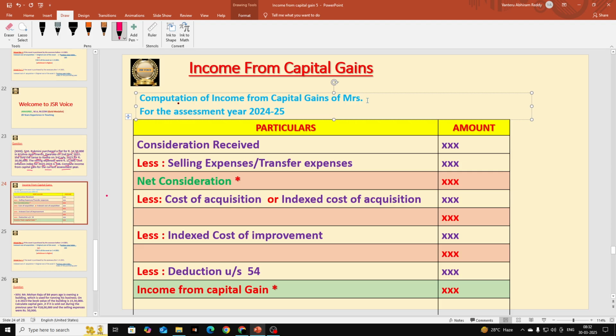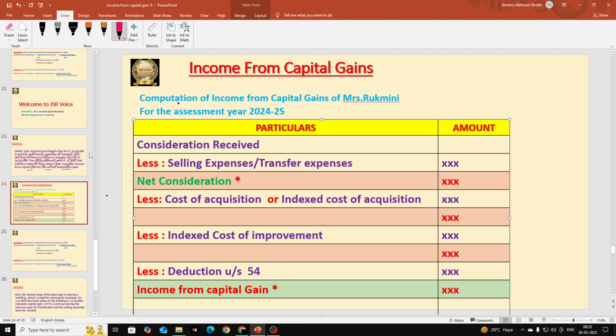Name of the assessee is Rukmini, for the current assessment year 2024-25. This is the heading and the columns are particulars and amount.